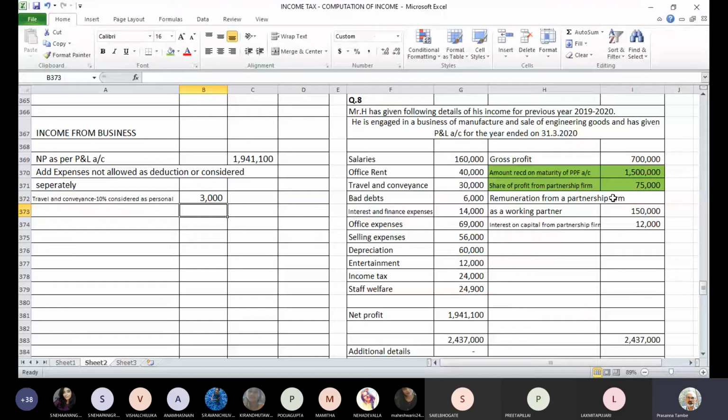Sorry, 3,000 will be disallowed under the head travel and conveyance because that seems to be personal.